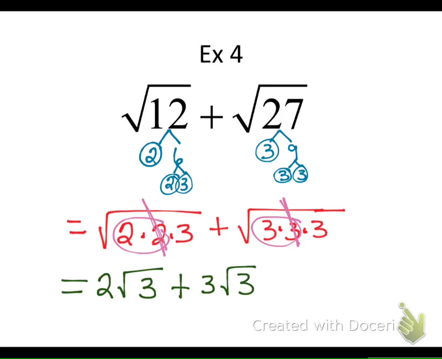Okay. Almost done. Now, I'm going to combine like terms. Do I have like terms here? Are my radicands the same? Yes. So then I combine my coefficients. I'm going to take 2 plus 3, which equals 5, and then what's my radicand? The square root of 3.